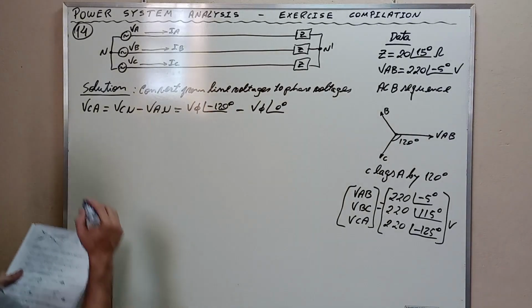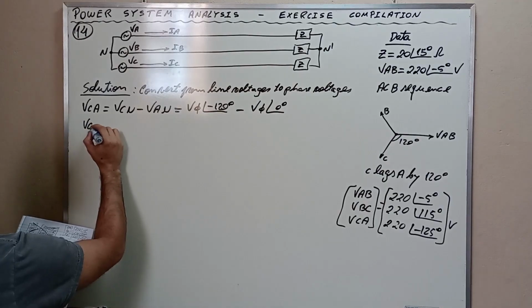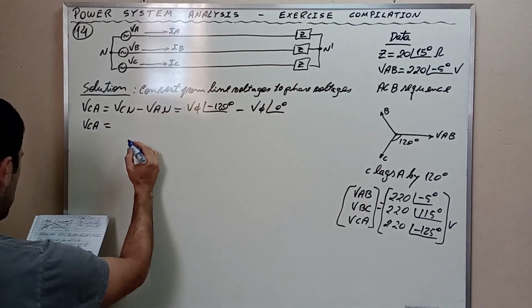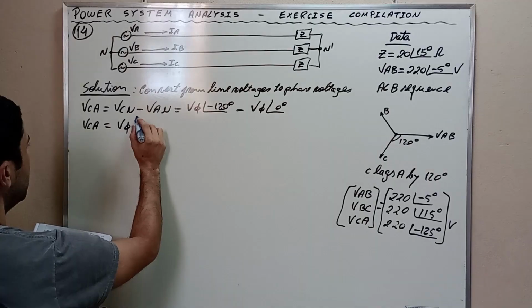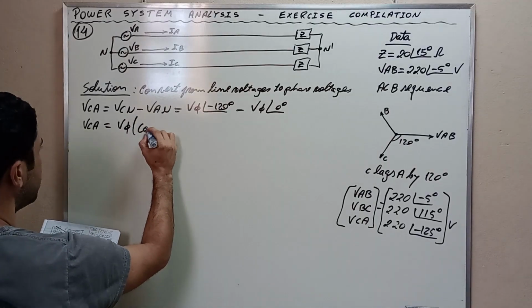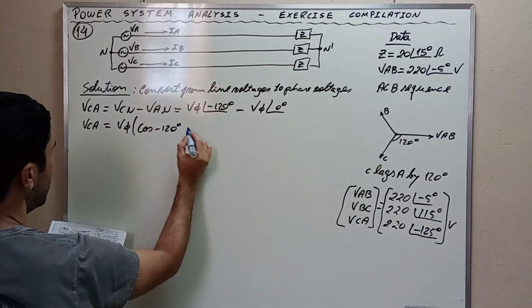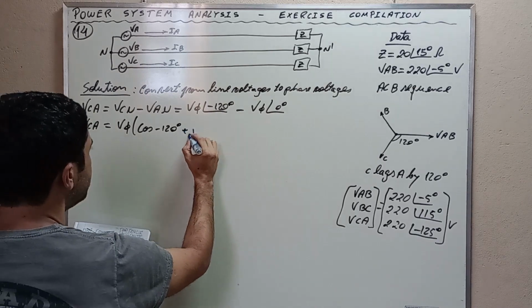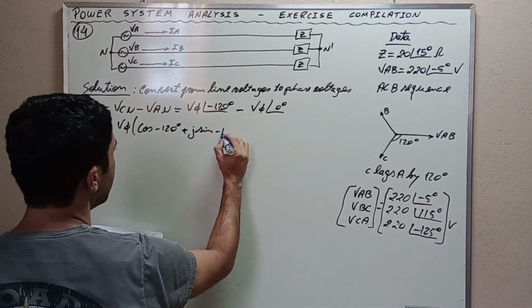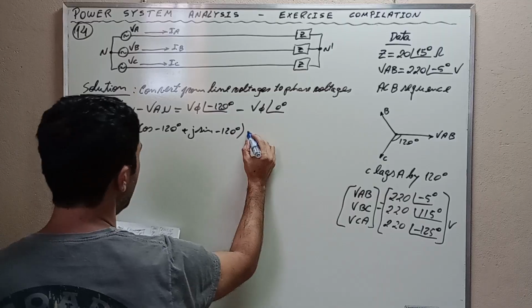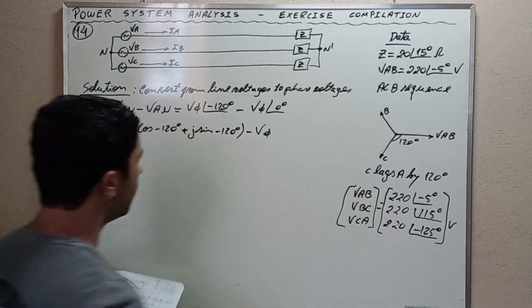So, VCA is going to be equal to V phi multiplying the cosine of negative 120 degrees plus J times the sine of negative 120 degrees minus V phi, okay?